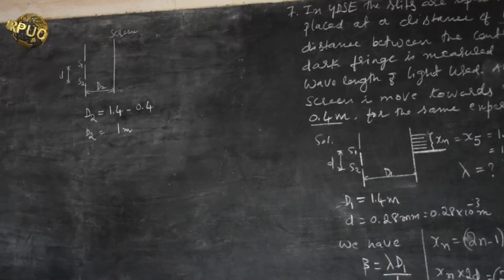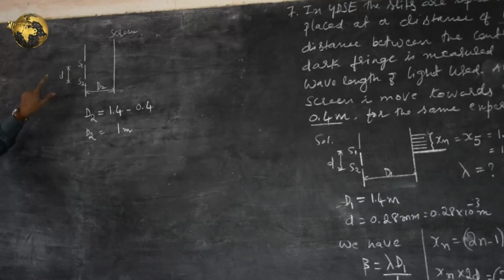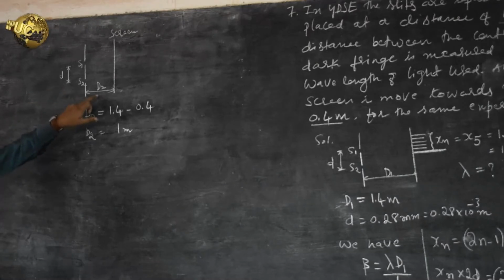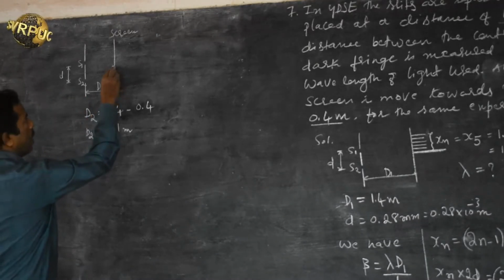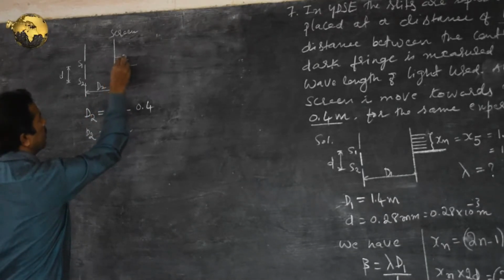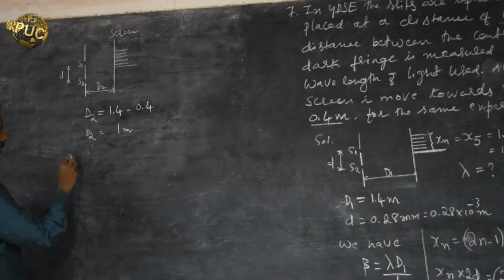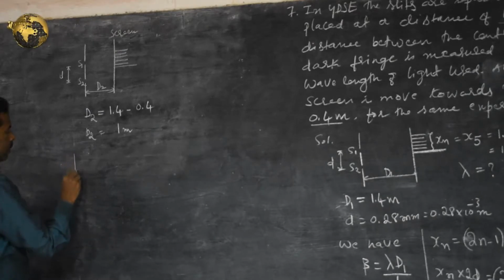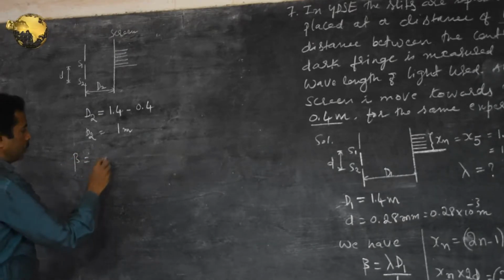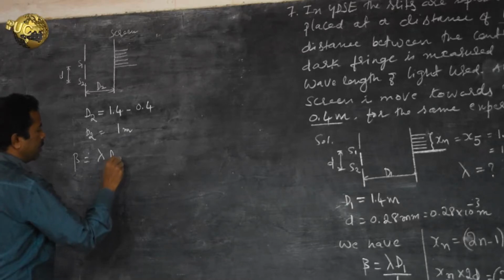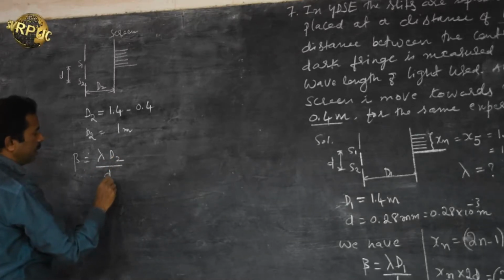Now using D2, small d and wavelength, let us calculate the fringe width formed on the screen. We have the formula beta is equal to lambda into D2 divided by d.